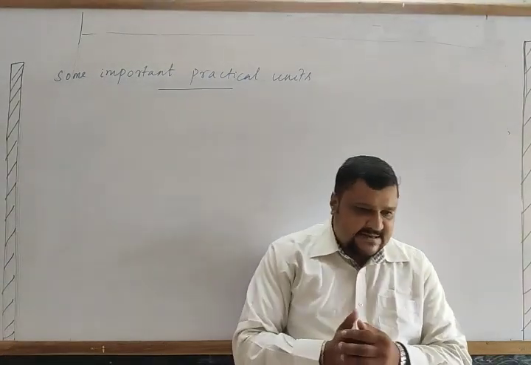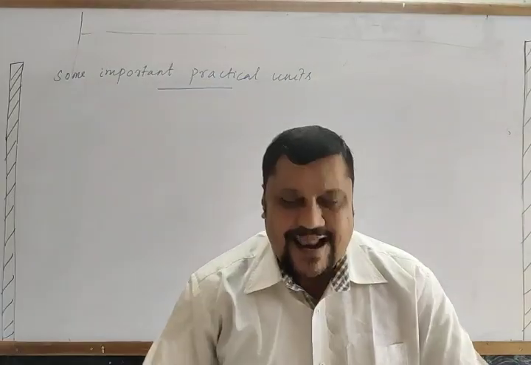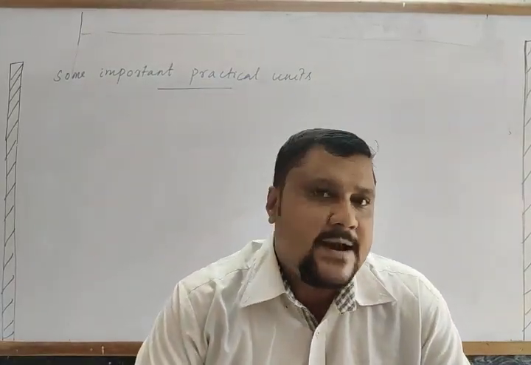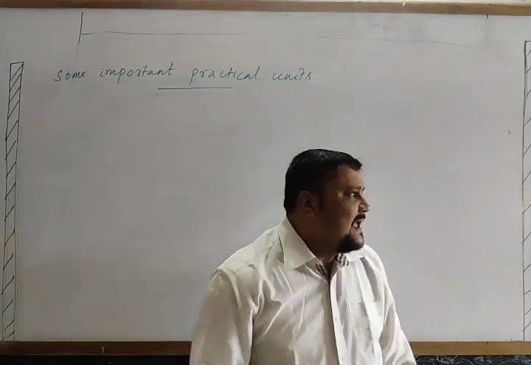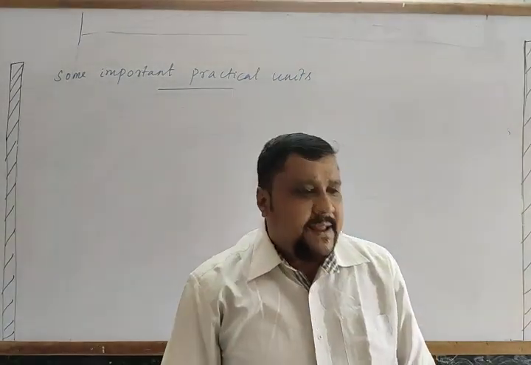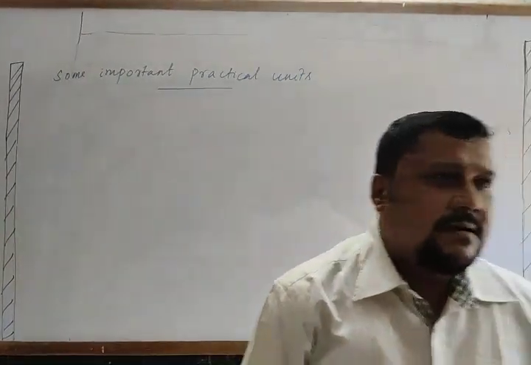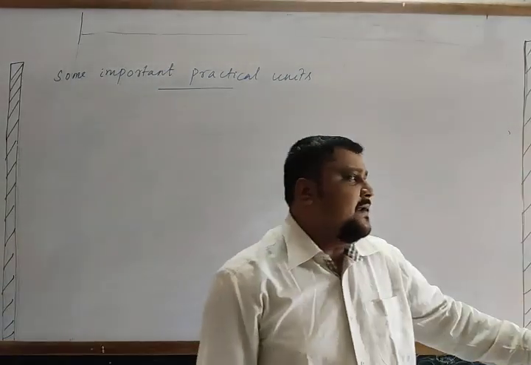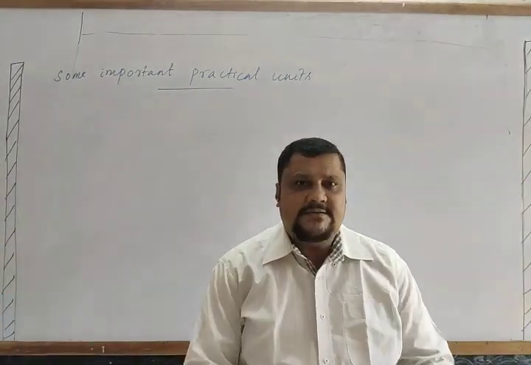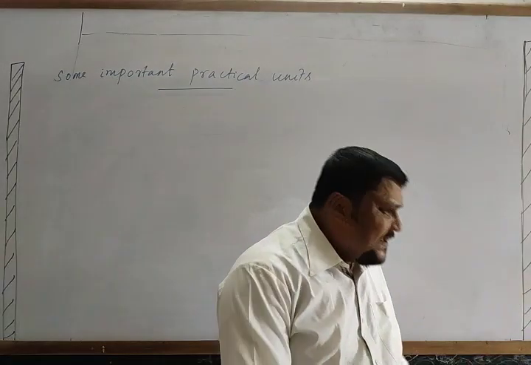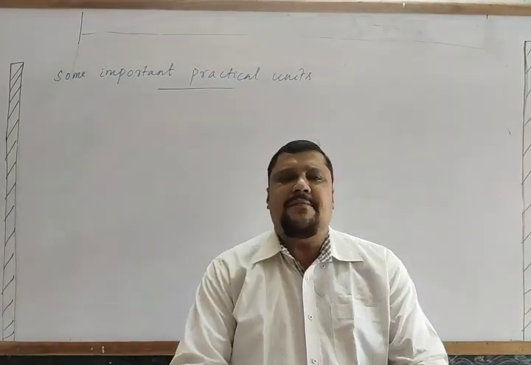Suppose in SI system the length is measured in meter. Clear? Suppose I measure the length in meter, and if I measure the distance from one hall to another hall in our college or in our periphery, then I can express that in meter.